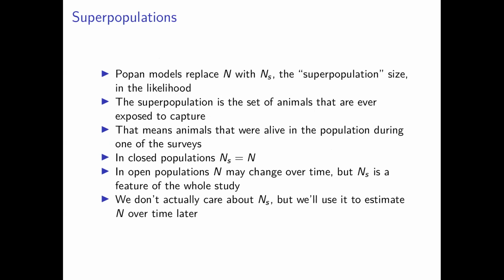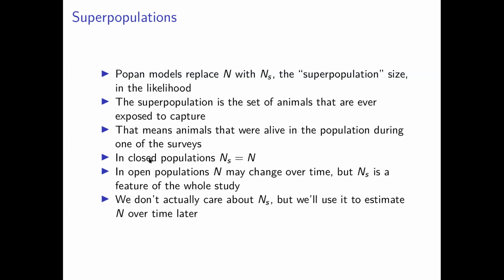The first difference between Popan models and closed population models is that they replace the parameter N, the population size, with N sub s, which is called the superpopulation size in the likelihood. So the superpopulation is the set of animals that are ever exposed to capture. So any animals that were alive in the population during one of the surveys.